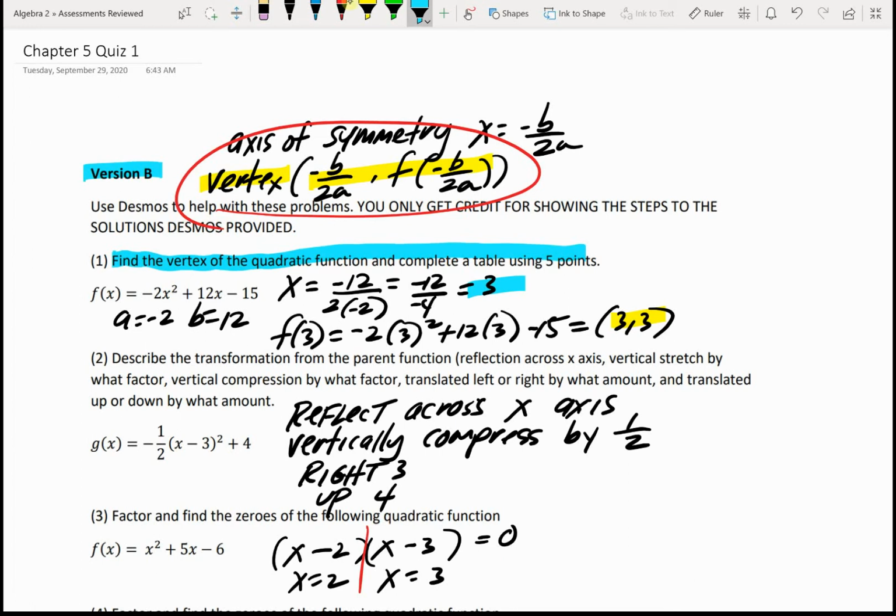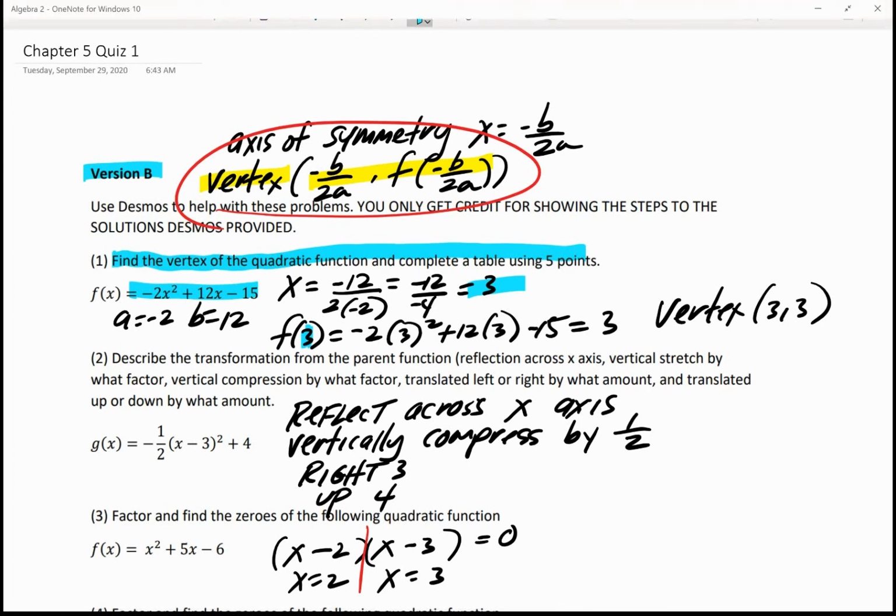Then you substitute 3 into the quadratic function, and you would get 3 as well. So your vertex is (3, 3).